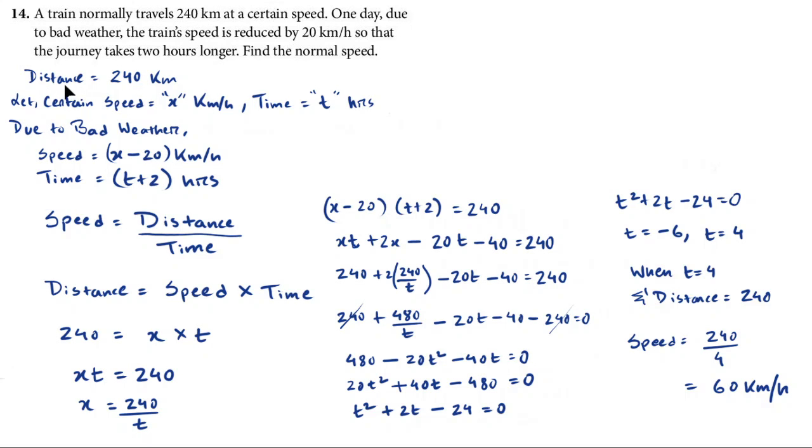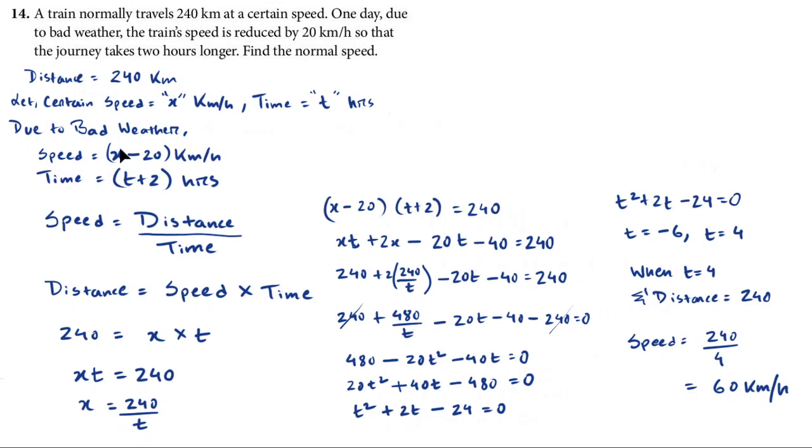So we have the data, which is distance is 240 km. Now let the certain speed be x km per hour, and the time it takes without bad weather is t hours. Due to bad weather, the speed is reduced by 20 km per hour.